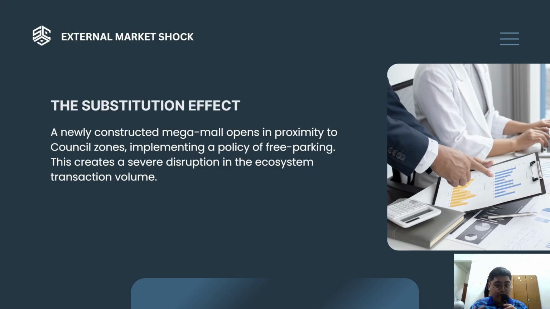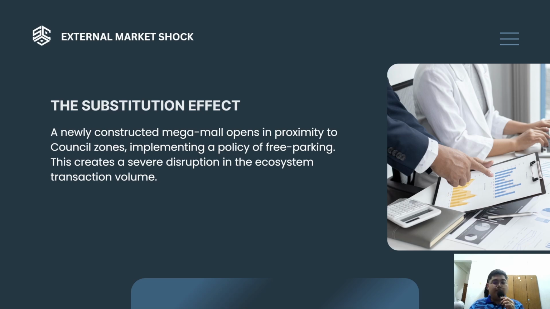It happens with a substitution effect, whereby a newly constructed mega mall opens in proximity to the council zones, implementing a free parking policy. This creates a severe disruption in the ecosystem transaction volume, because in the current smart parking system citizens need to pay for parking per hour, whereas this new mega mall offers free parking.